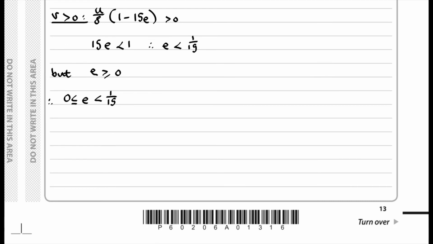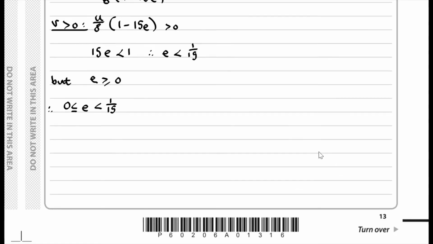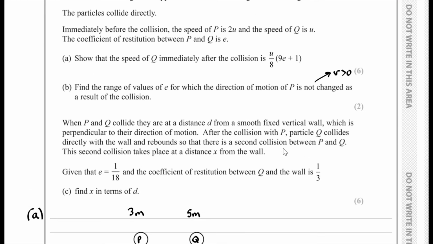and now for part C. When P and Q collide, they are at a distance d from a smooth fixed vertical wall which is perpendicular to their direction of motion.